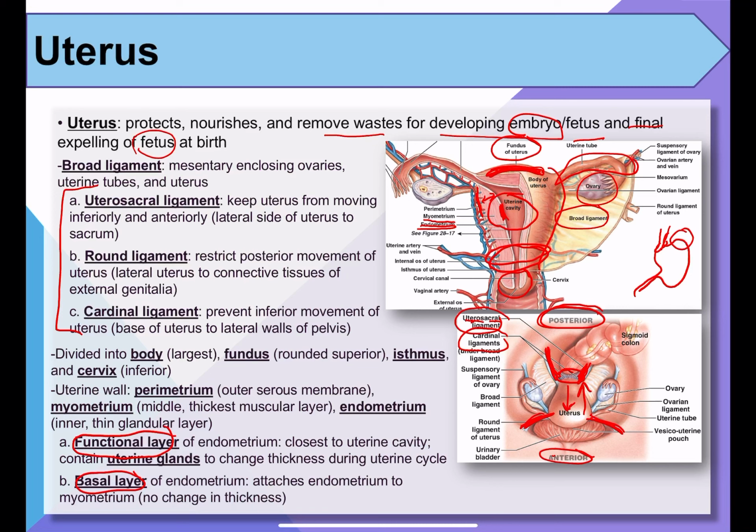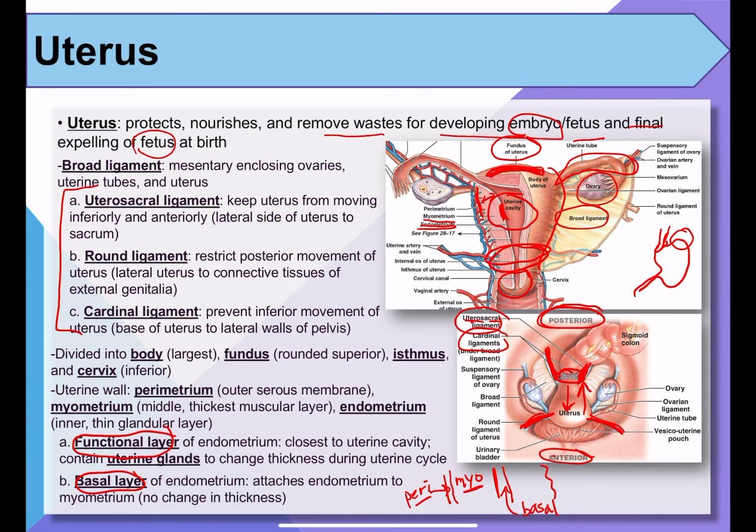But the order of these layers, again, is perimetrium on the outside, which is a very thin layer. And then you have your myometrium, the thick muscular layer. And then you have the basal layer of the endometrium.